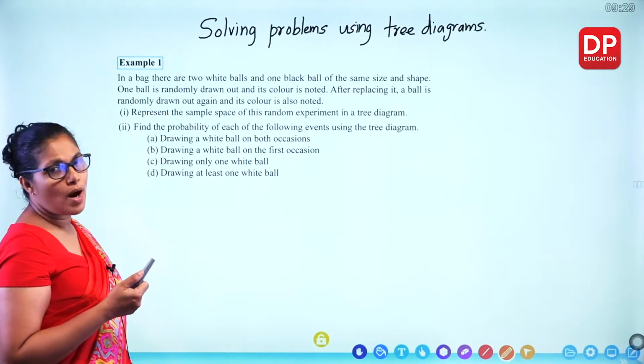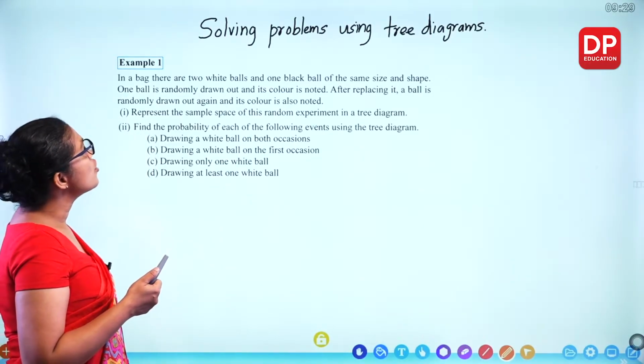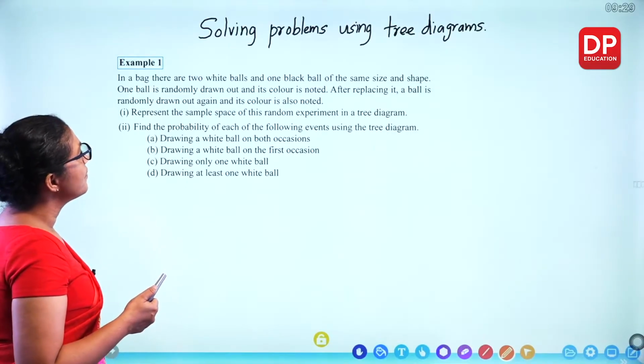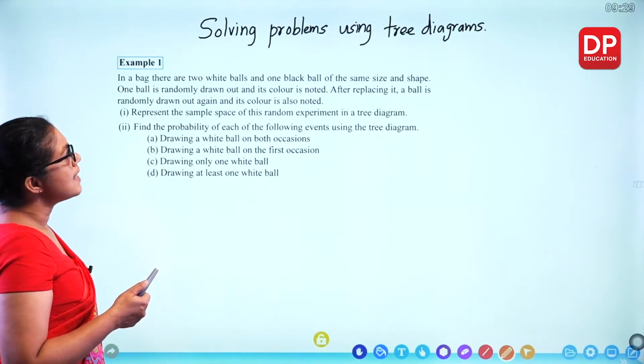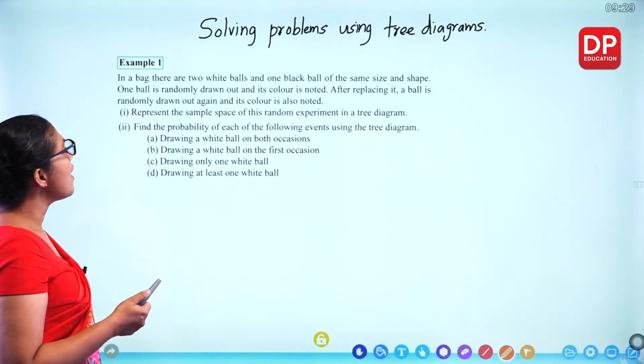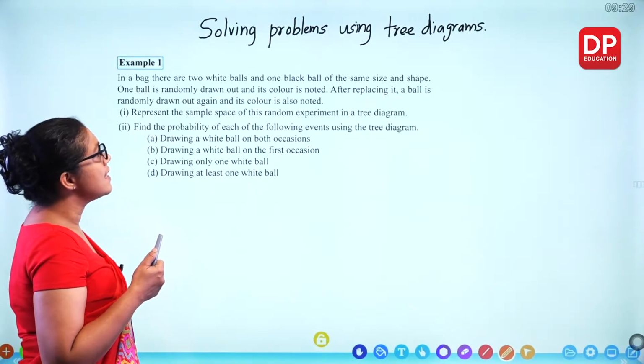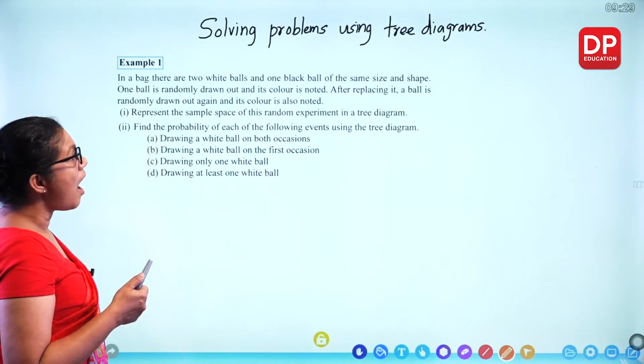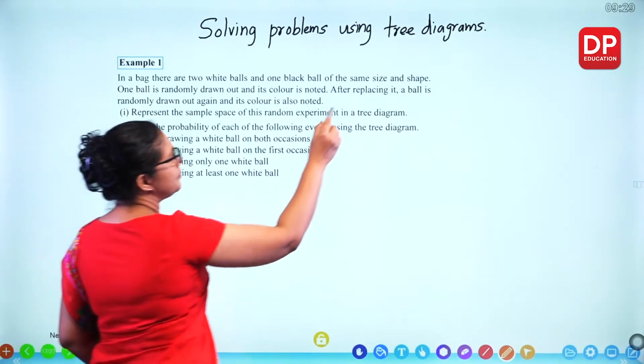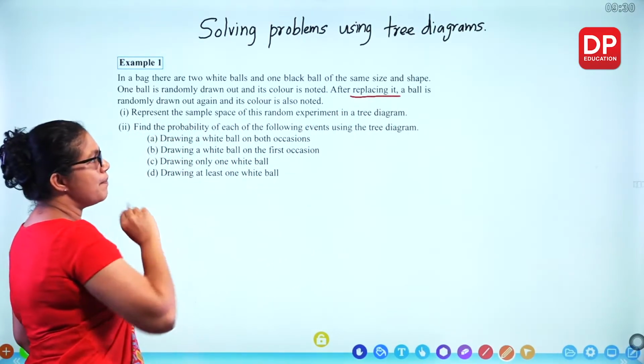Example number 1. In a bag there are 2 white balls and 1 black ball of the same size and shape. One ball is randomly drawn out and its color is noted after replacing it. So that means this is independent.